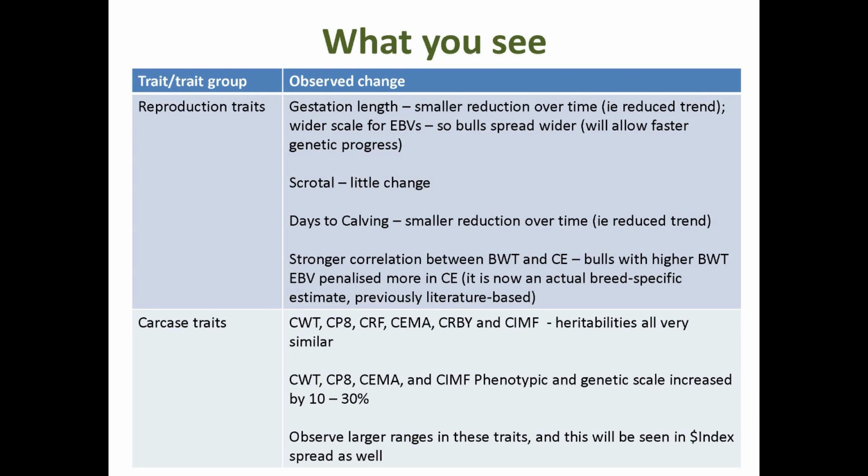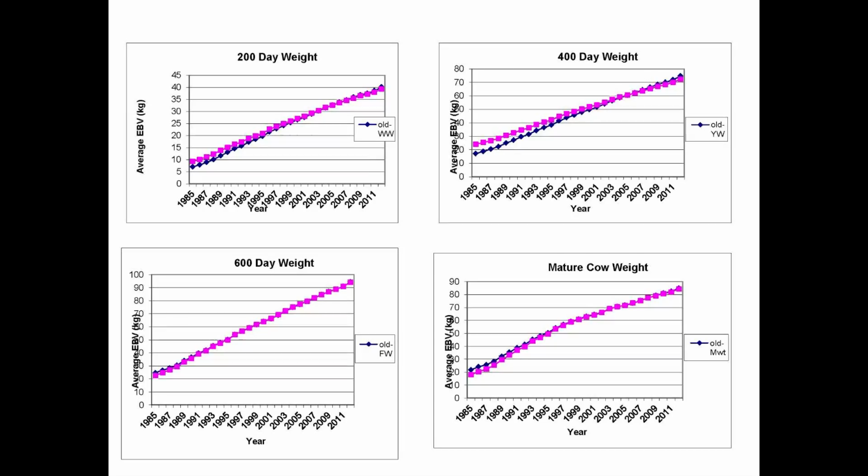Firstly, bigger spread in gestation length and bigger movement in calving ease because of the correlations and also this gestation length, and bigger spread in the carcass trait EBVs than was previously the case. So let's say the range was plus or minus 5 for something, it'll be plus or minus 8 or 9 now, so bigger spread. Okay.